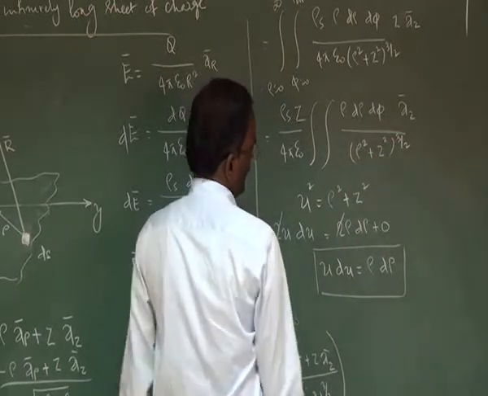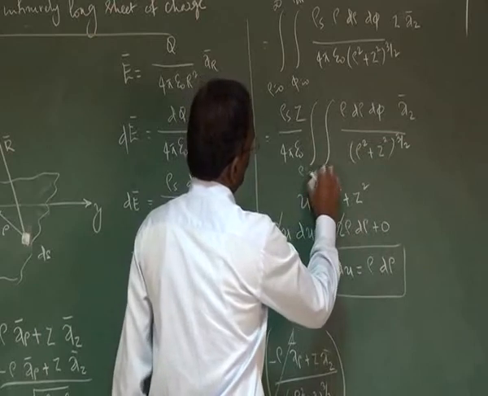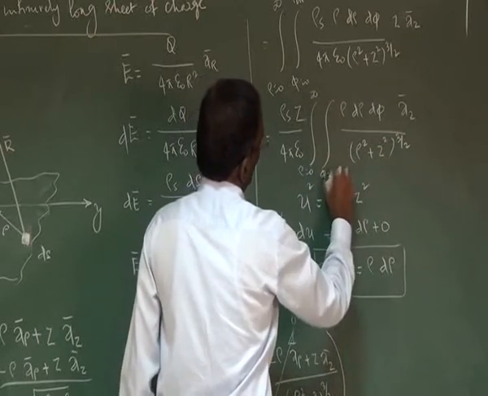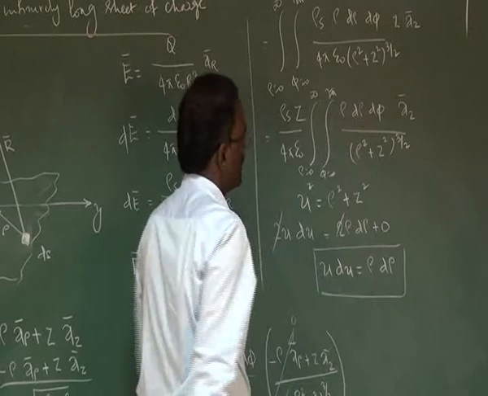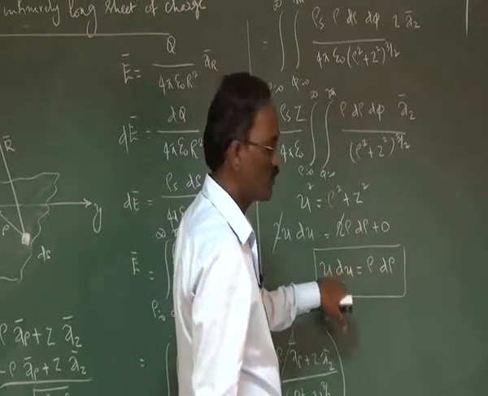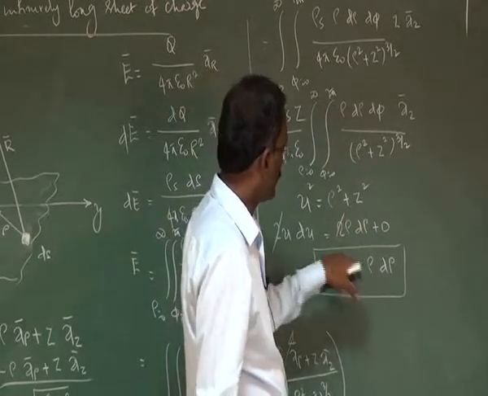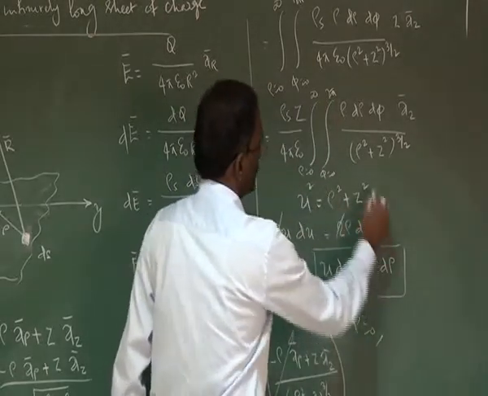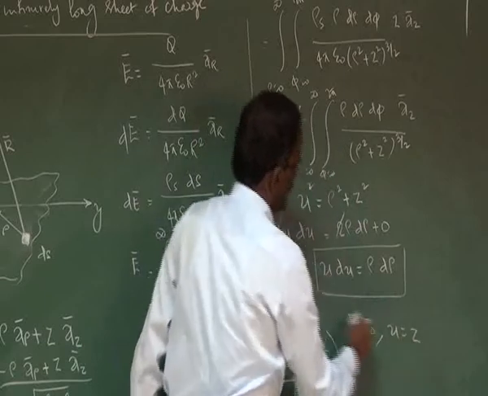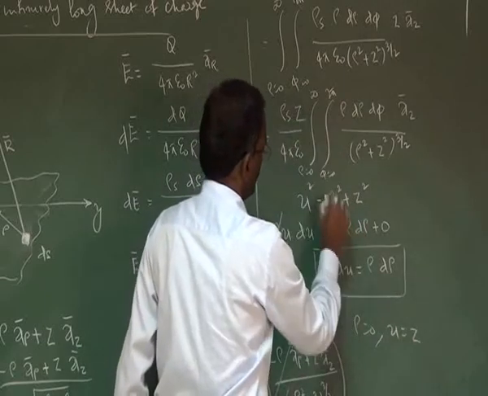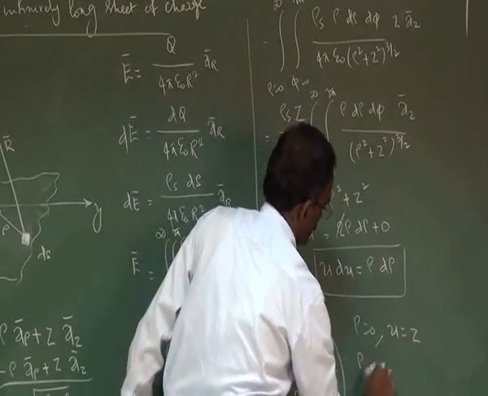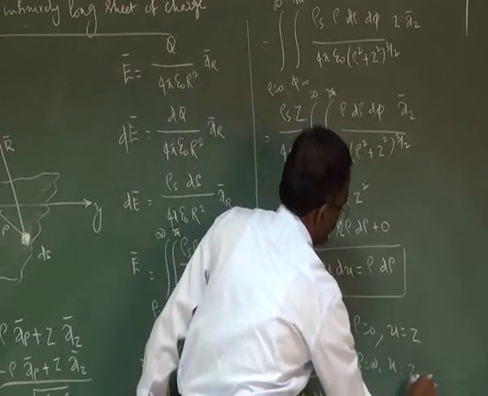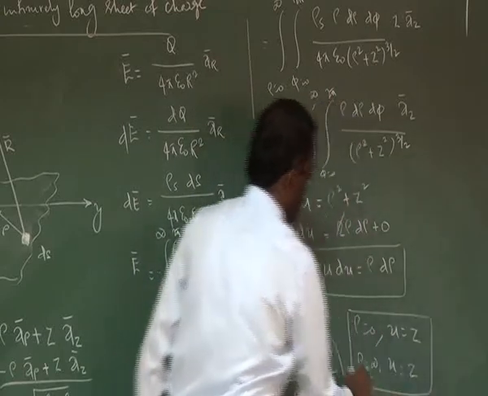Next I will change the limits. The limits are rho is equal to 0 to infinity and phi is equal to 0 to 2 pi. In the next step rho will not be present, it is only u, so change the limits for u. If rho is equal to 0, u is equal to z. If rho is equal to infinity, u is also infinity. These are the limits. Next I will substitute.